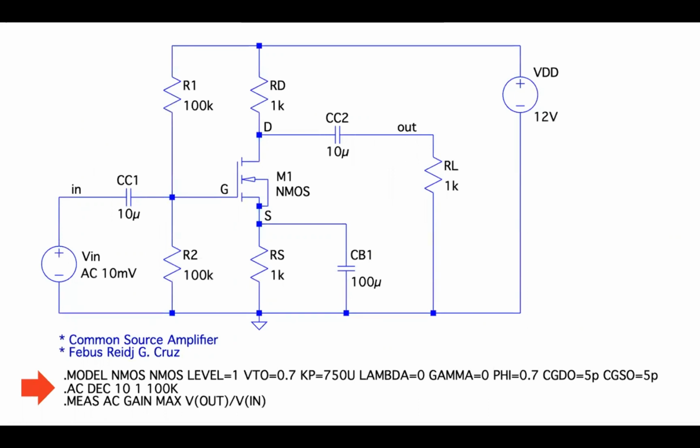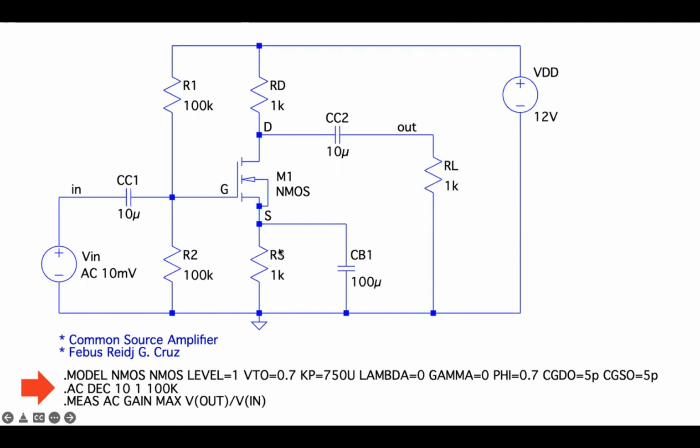Now, continuing, this time we proceed to the AC analysis. So after knowing the DC operating parameters, so after knowing the input VGS, the VDS, and the operating drain current, we can now proceed to the AC analysis.